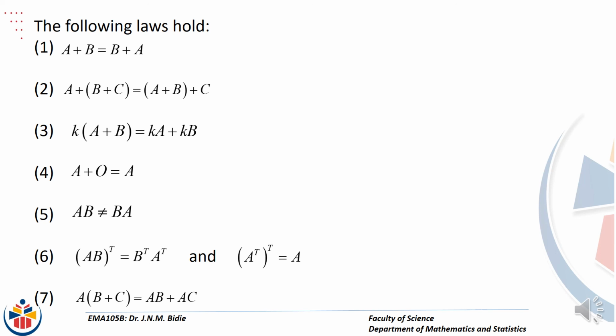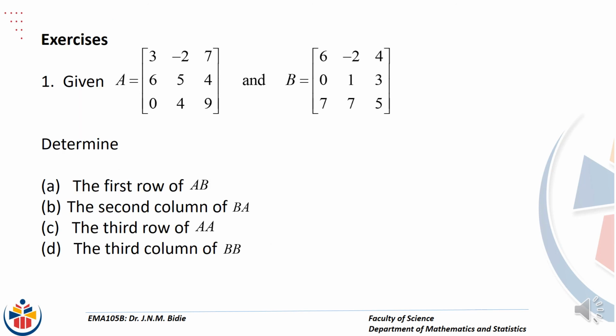Also note number 6, the transpose of the product of A and B will always be equal to B transpose times A transpose, and the transpose of a transpose gives you the original matrix. Please take note of these laws, and then we do the exercises.